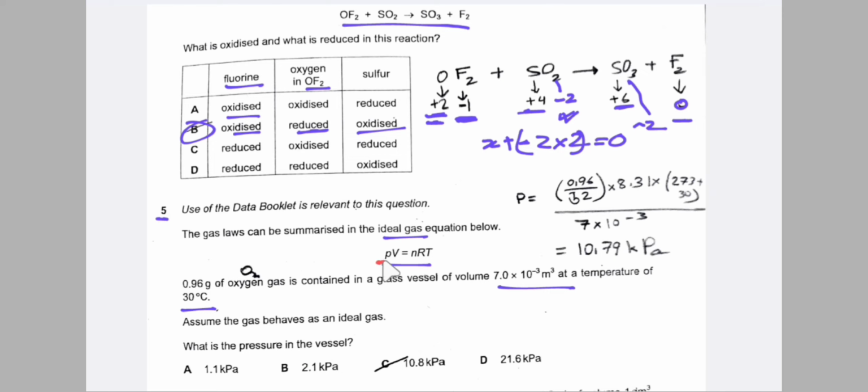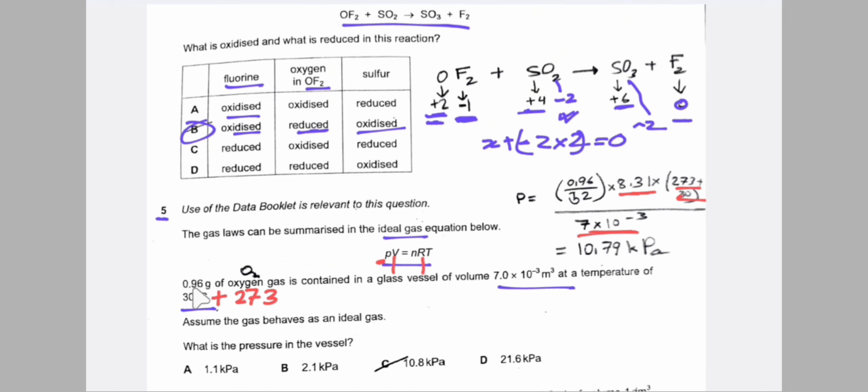So to find the value of pressure, we know the value of R, that is 8.31, which is a constant, and we know the volume. So the volume is 7 × 10⁻³. Then we know the value of temperature, that is 30 degrees centigrade, and we must convert the temperature to Kelvin, that is 30 plus 273 Kelvin.